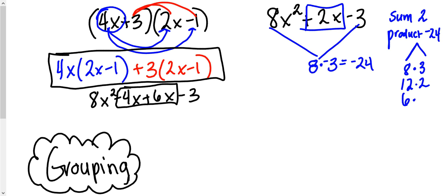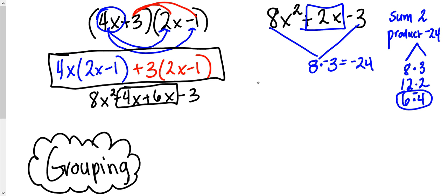But I have 6 times 4. 6 minus 4 is 2. So I could have 6 and negative 4. These numbers become my two terms that are going to add up to equal that 2x.